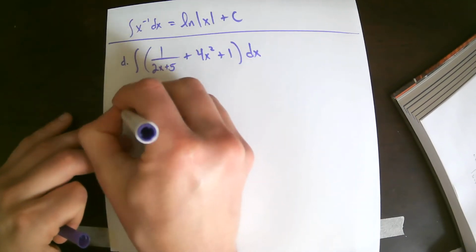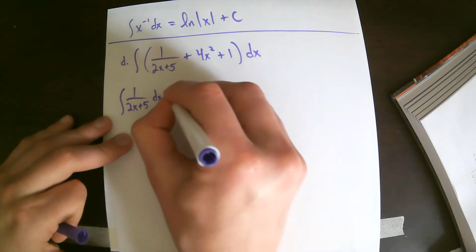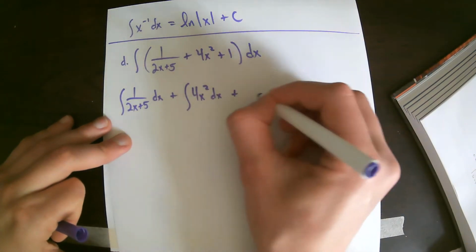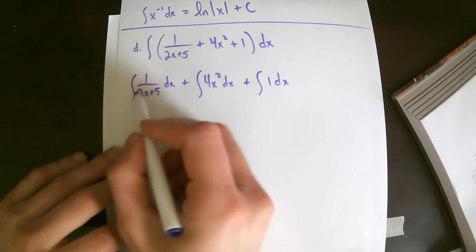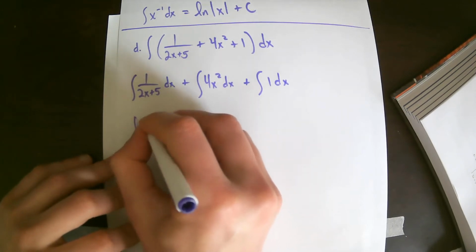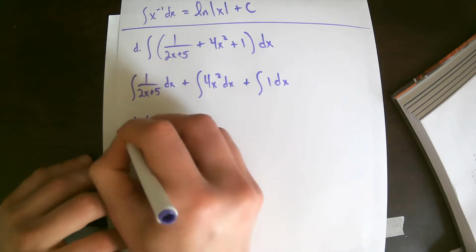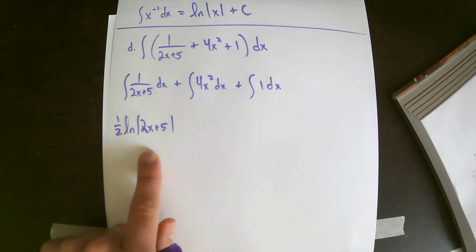Let's split up this integral into the integral of 1 over 2x plus 5 dx plus integral of 4x squared dx plus integral of 1 dx. Okay, this we already found, ln of absolute value of 2x plus 5. Oh, I forgot something. 1/2. There we go. 1/2 ln of 2x plus 5.